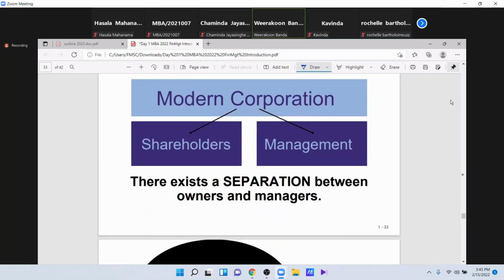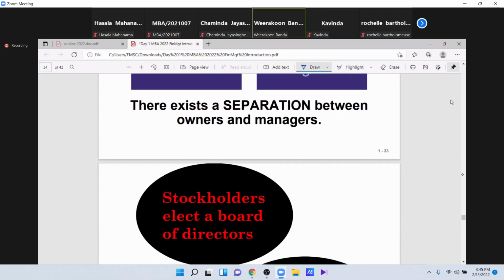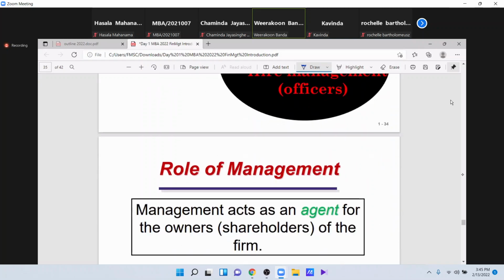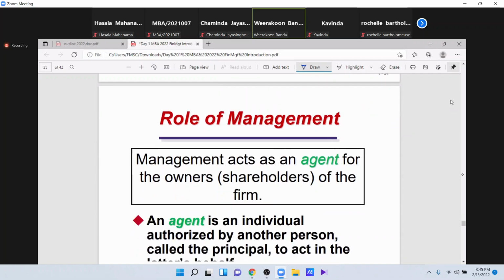Then modern corporations: shareholders on one side, managers on the other. There exists a separation between owners and managers. Stockholders elect a board of directors. From the different stockholders, we select the board of directors. Then the board of directors hires managers or officers. Then the role of management: what is the hired people's role?